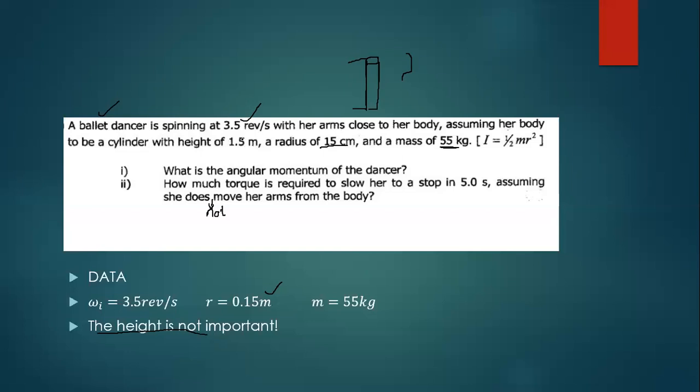So she would be 1.5 meters tall, but of course, the height is not important in our computation for the angular momentum. We only look at the velocity, the radius, and the mass. So what is the angular momentum of the dancer?